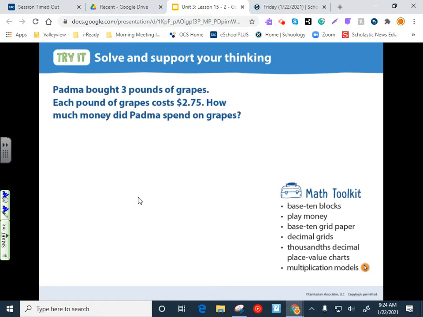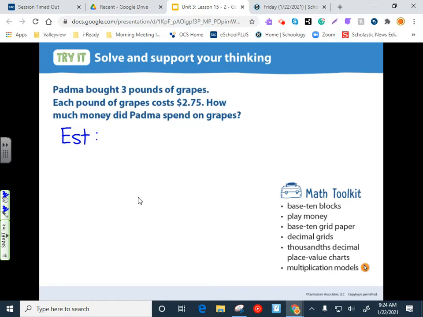So I brought up the fact I bought some grapes myself because I wanted you to know what I did in my head, math wise, as I was going around pricing out some of the things I was going to buy. And what I did is I did an estimate in my head. So the grapes are 2.75.